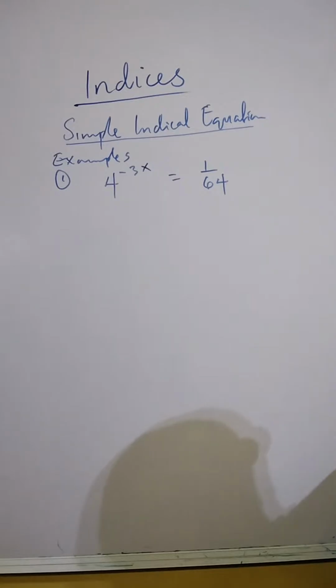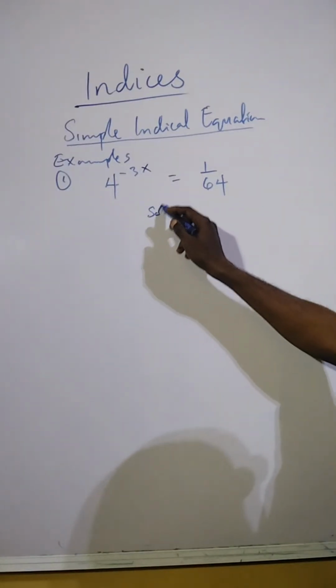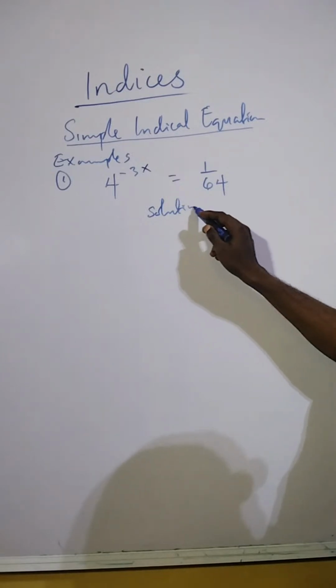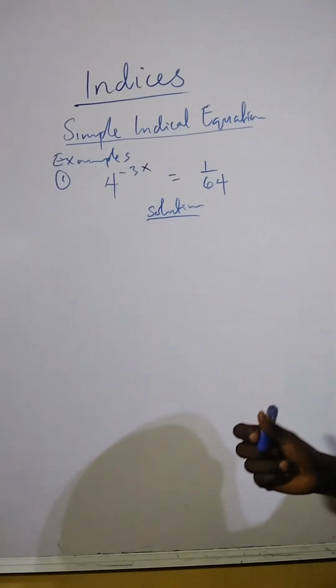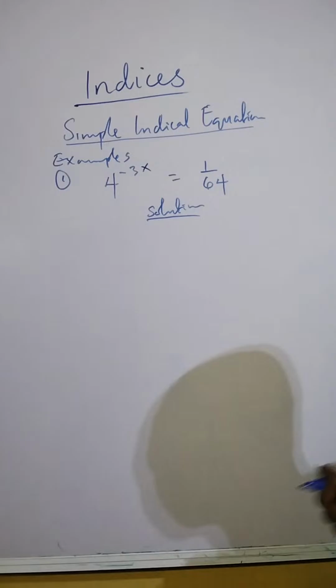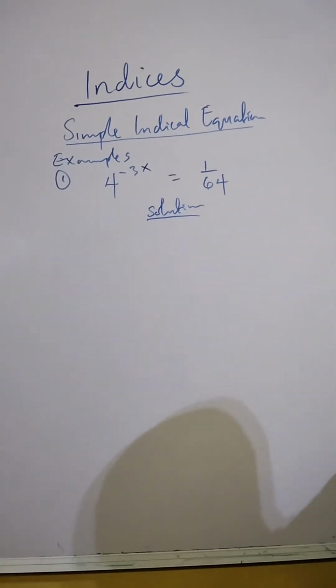And whenever we want to handle a question like this, we make sure that we have the same base on both the left and the right hand side. Let the base have the same value.